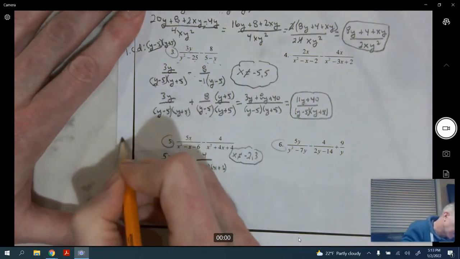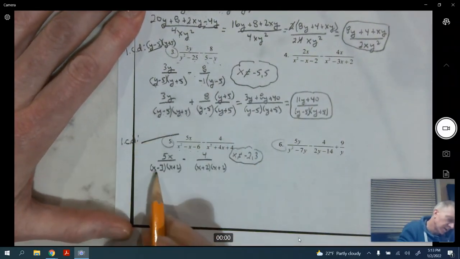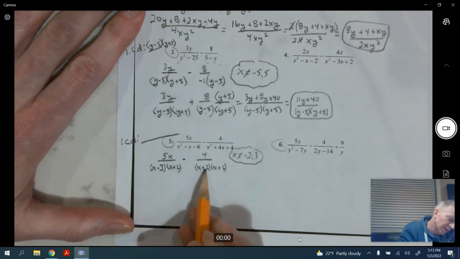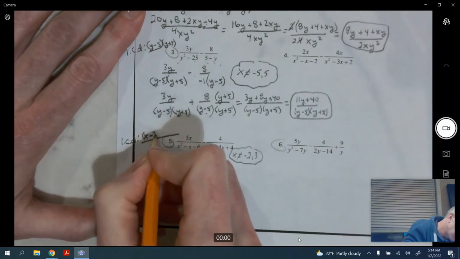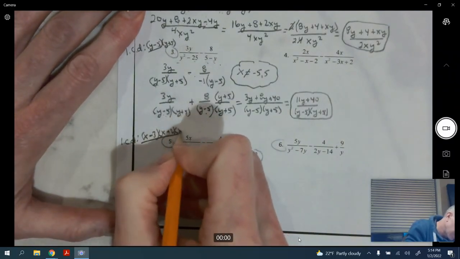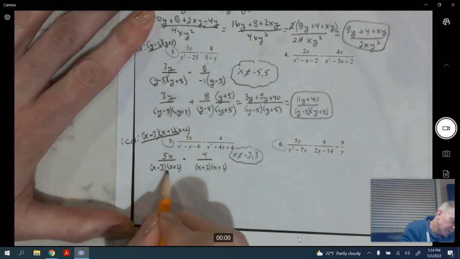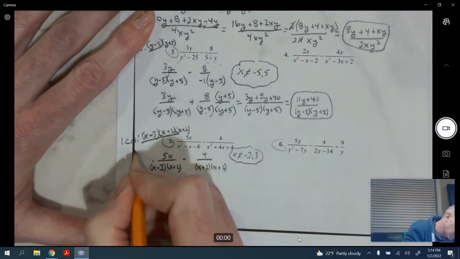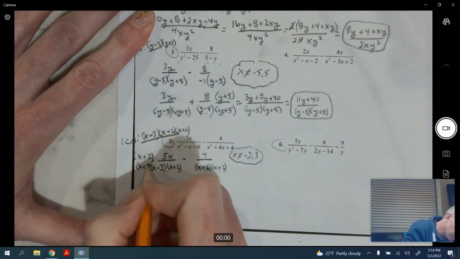Our least common denominator is going to be, we need an x minus 3, and we need two x plus 2's. So x minus 3, x plus 2, x plus 2. This one needs another x plus 2, so we'll multiply by x plus 2 over x plus 2.